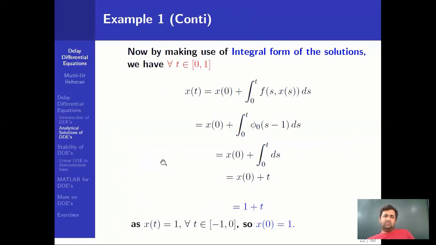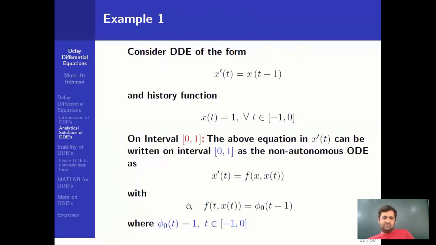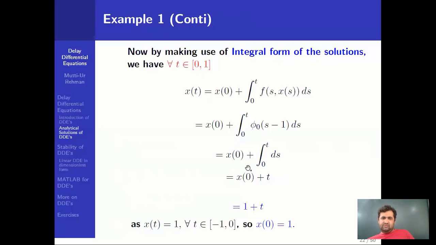And now, in order to search for the current state, of course, we have to use the integral form of the solutions. Okay. So if you use the integral form of the solutions, and of course, you have to use this guy as a history function, then you will get this integration as t actually. So you will get from this value as a t, and you can compute this guy, because this is valid for all t from this interval.